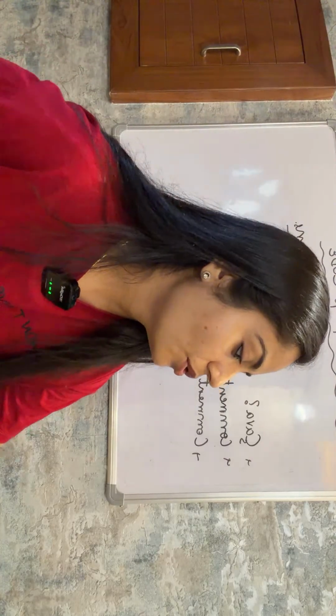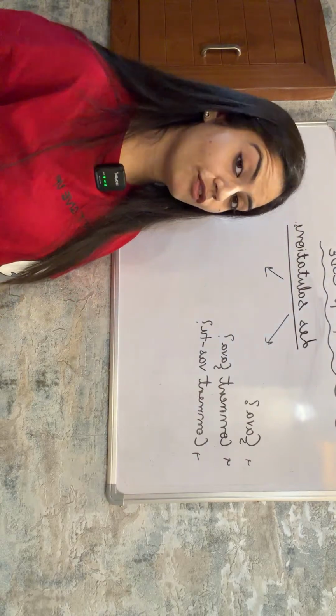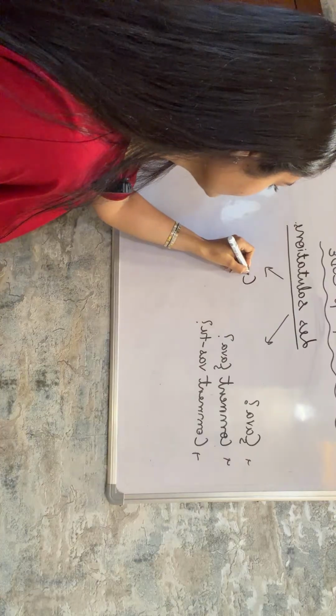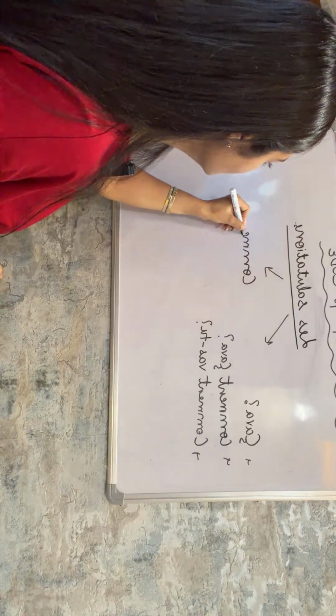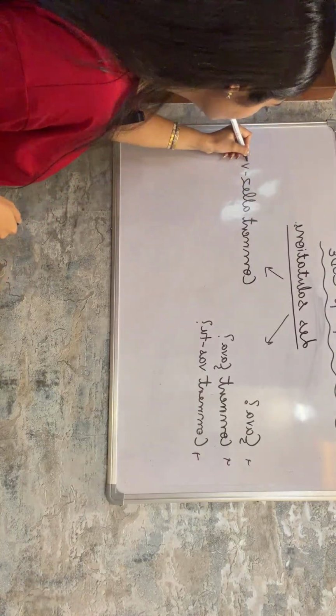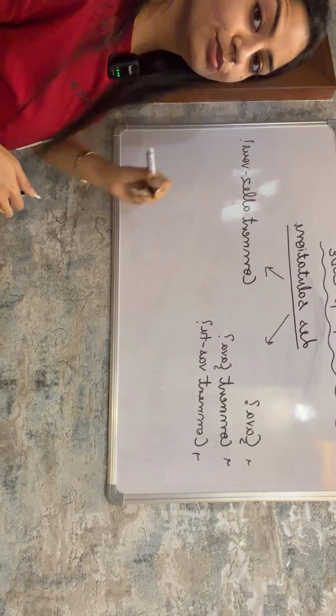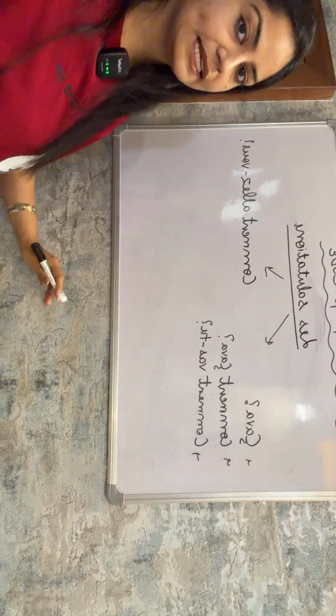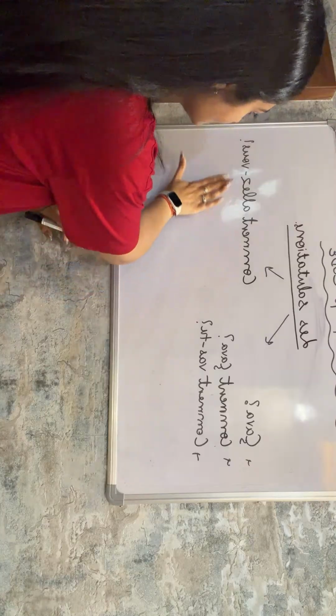And now if I talk about the formal greeting, we say comment allez-vous? Which means how are you? Now this is the formal way of asking how are you. Comment allez-vous?